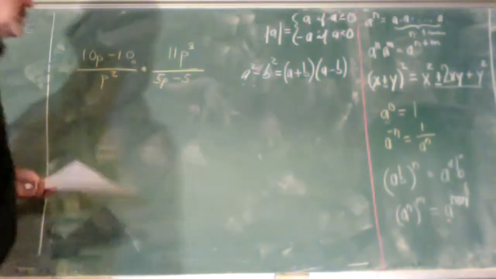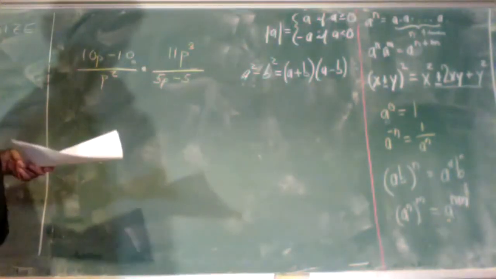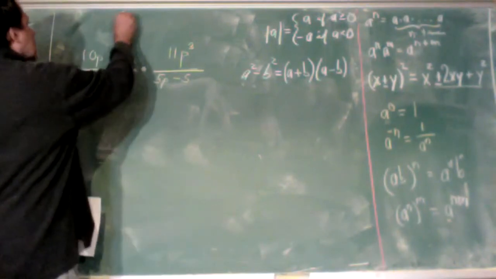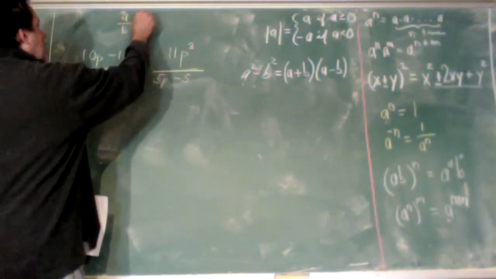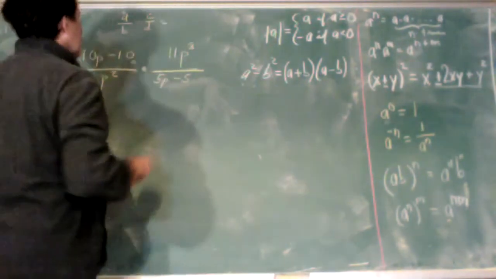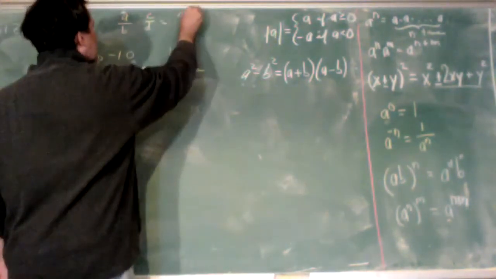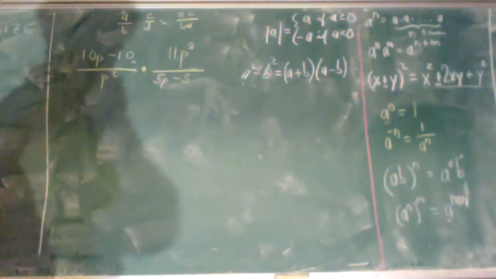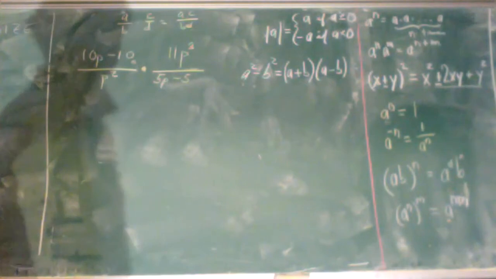Problem number 21 asks us to find the product that's written here. Again, as far as it goes with rational expressions, just like with ordinary rational numbers, when it comes to multiplying, we multiply numerators together, we multiply denominators together.